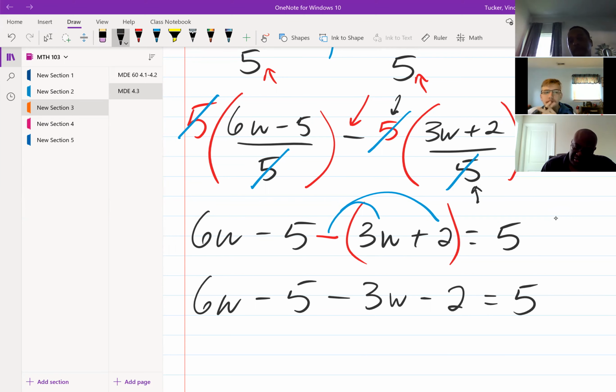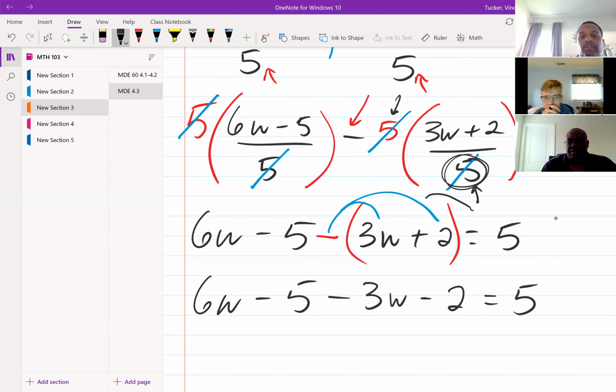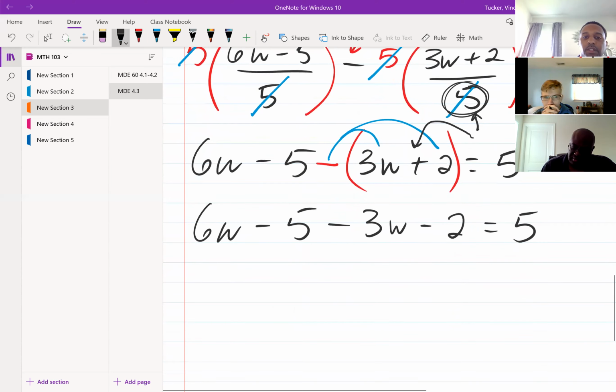If you wanted to, before you cancel, you could distribute 5 times 3 and 5 times 2, but this 5 will still be down here. So once you finally reduce, it'll still bring you back to that. Got it. Thank you, Professor. Not a problem, sir.